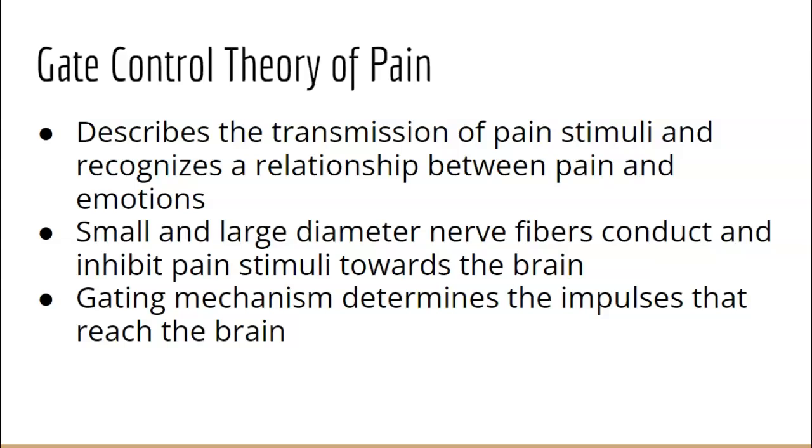It actually helps less of that painful stimuli reach the brain with the tactile sense of the rubbing. So that gate control theory is basically when we have pain stimuli, we do something that will lessen those stimuli arriving to the brain by a distraction of some sort.